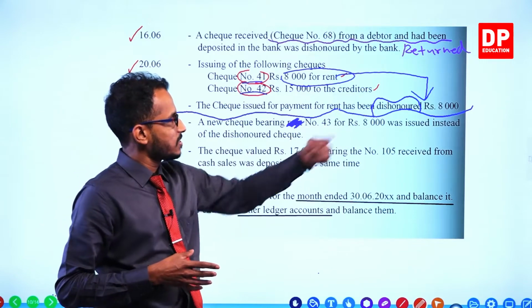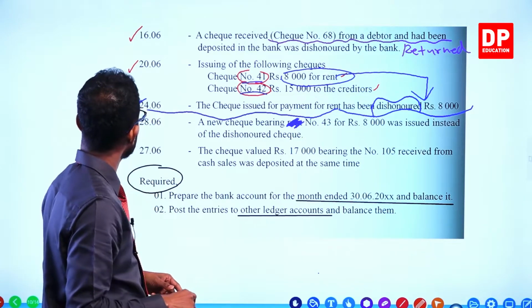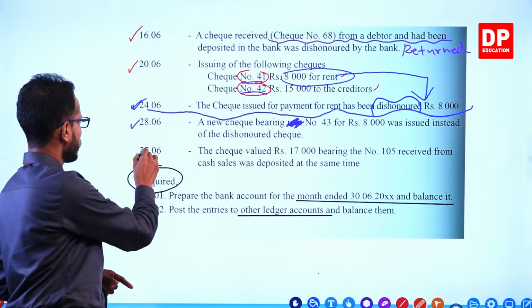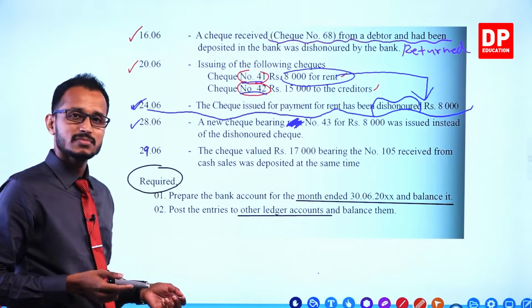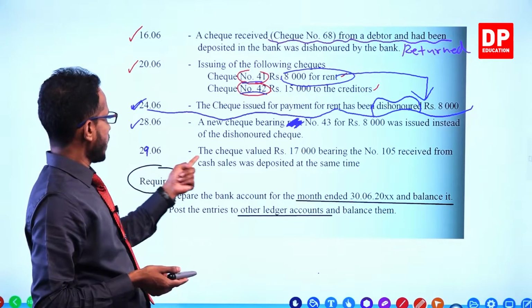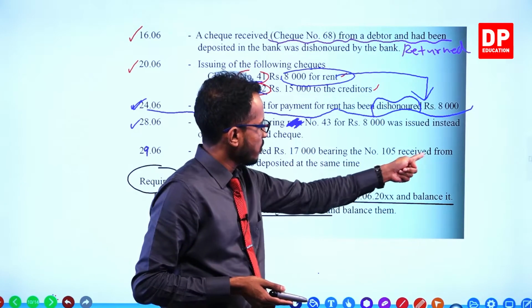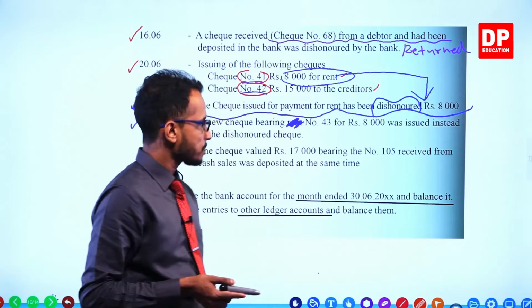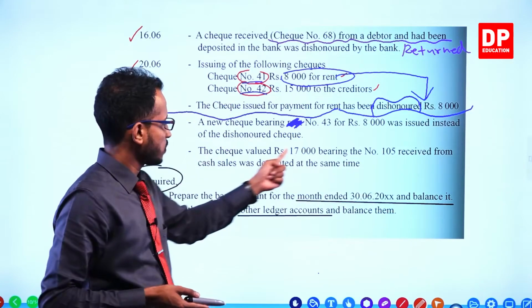It's this one. Finally, 27th. How come after 28, 27 is here? It should be 29 maybe. 29. The check valued at 17,000 bearing check number 105 received from cashiers was deposited at the same time. So it's a cash sale, but not cash.